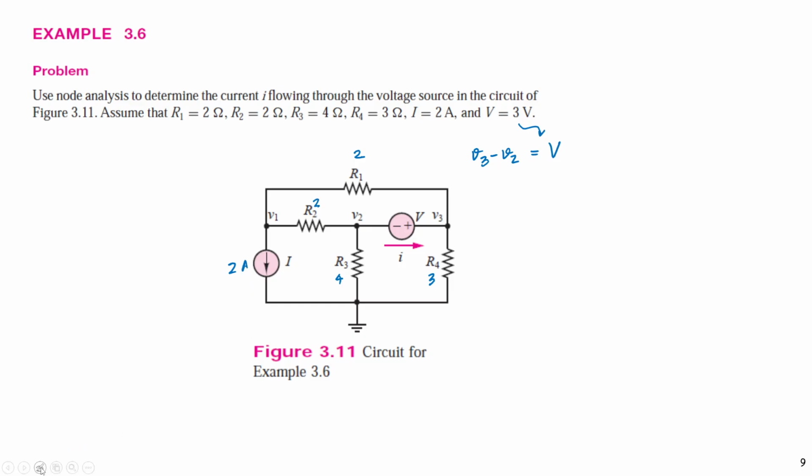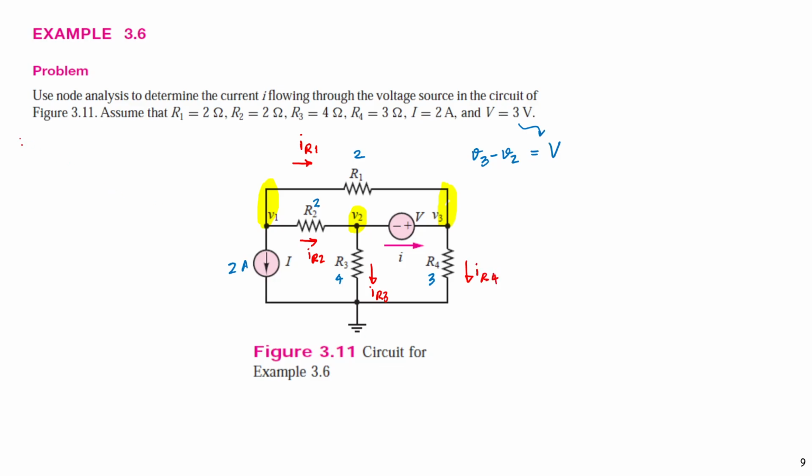Okay, so we have node V1, node V2 and node V3. So I will denote the currents: this is IR1, this is IR2, this is IR3, and this is IR4.